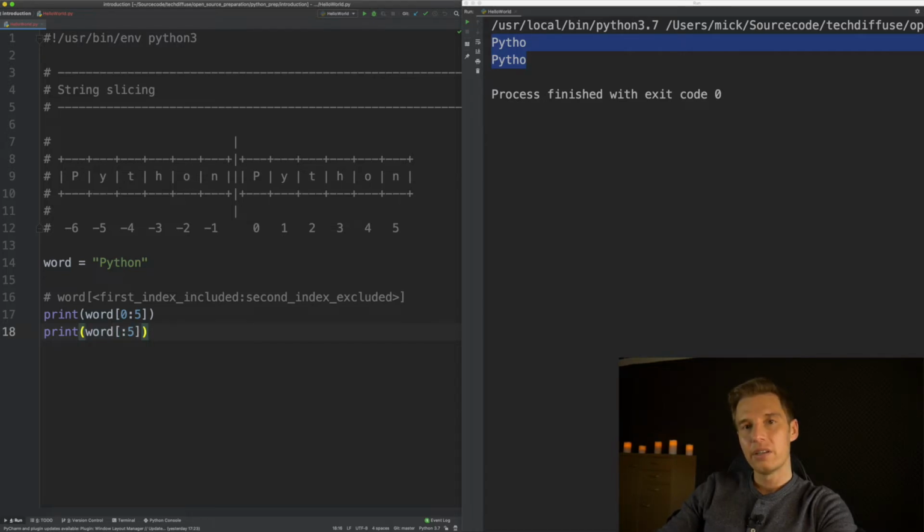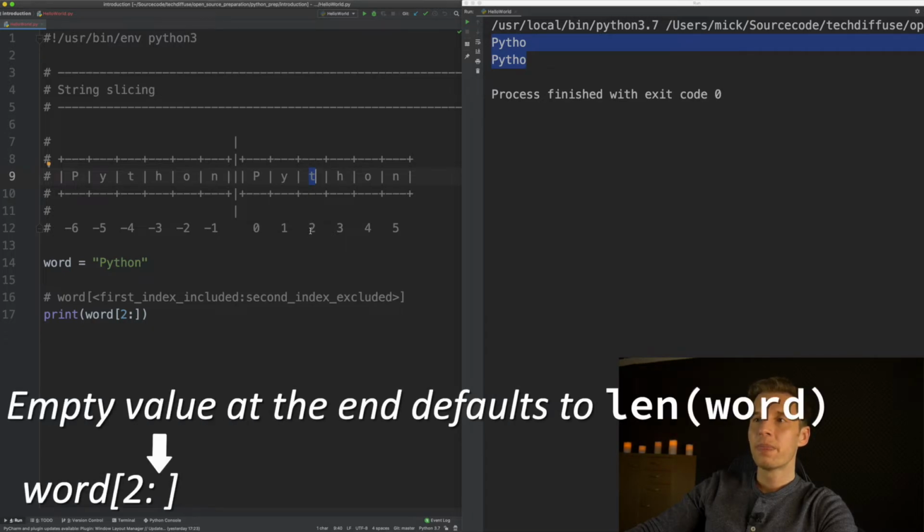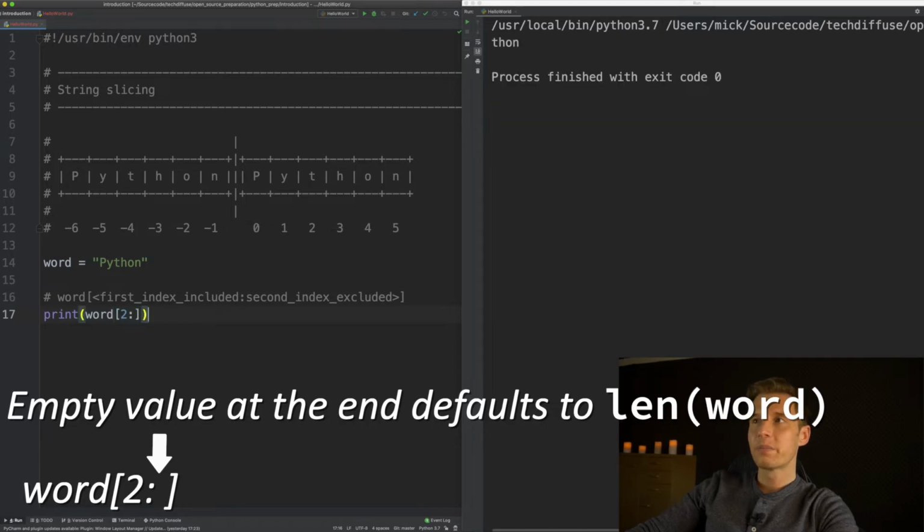And a similar thing you can do with the second char. So once again, we have the first char, we take the 2, for instance, and we omit the second index. So we have the T as our number 2, and the last index is undefined, and let's see what happens. And we get THON. So we go from the second index to the last one.